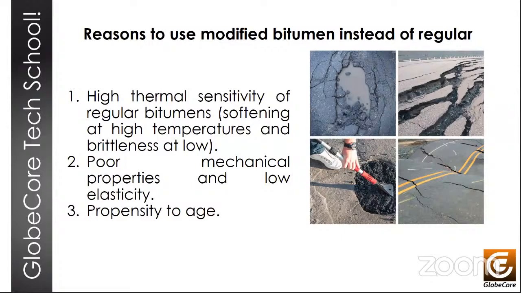In practice, unmodified bitumen demonstrated the following disadvantages. It has high thermal sensitivity, meaning that it softens at high temperatures and is brittle at low temperatures. It has low elasticity and poor physical properties, and it tends to age fairly quickly. Next slide, please.